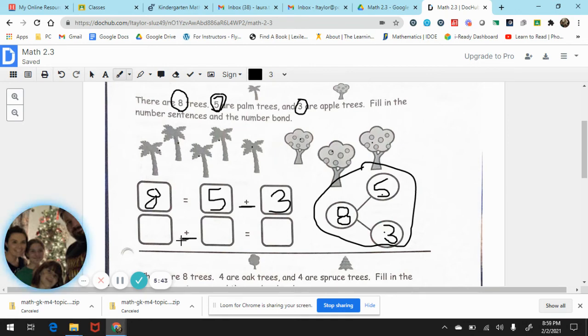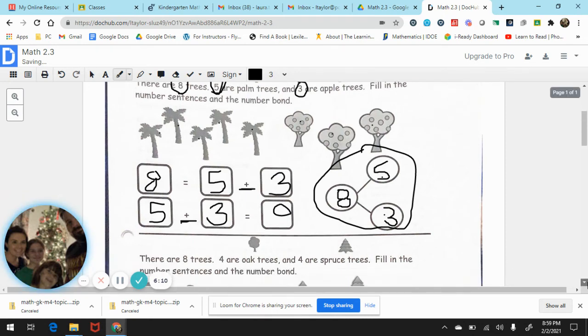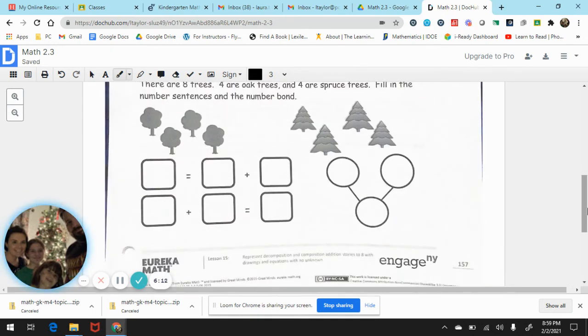That's what I always look for because that's what makes it easy for Miss Taylor. So let's look. 5 plus, what's my other part? Yes, you guys are so smart. 5 plus 3 equals what? Good job. 5 plus 3 equals 8. Good job.